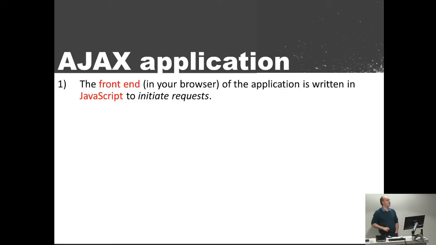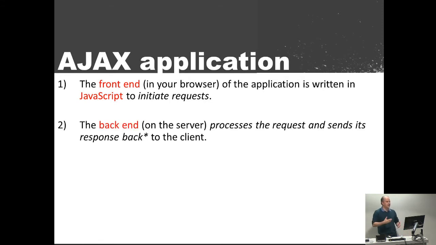So very often when you have an application, the front end, so the bits that the user is having, what is happening in the browser, is in JavaScript. JavaScript is doing those requests. The back end, so that's the part which is hidden from the user, that's the clever stuff which is happening on the server.